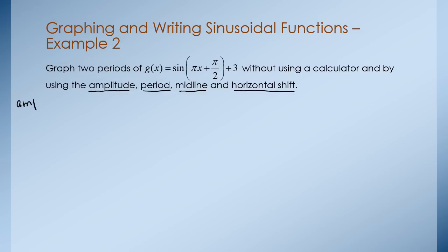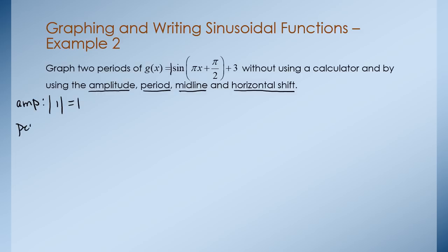All right, so let's start with the amplitude. The amplitude is the absolute value of the number on the outside of the function being multiplied. In this case, there's nothing there, so we know that there's actually a 1. So the amplitude is 1.